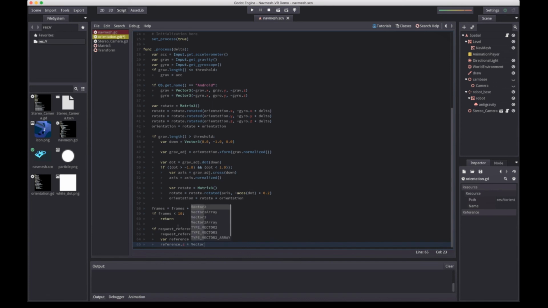Now, what I want here is to start with an orientation matrix which ignores us looking down or up. We basically just want to know how much we're looking towards the left or we're looking to the right. And that's actually quite simple.